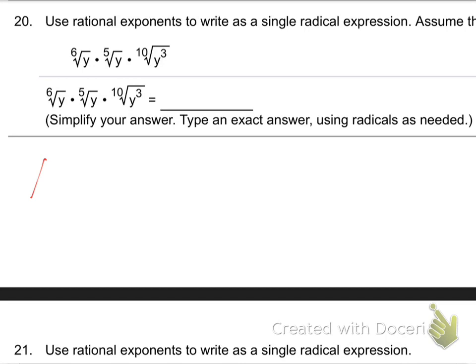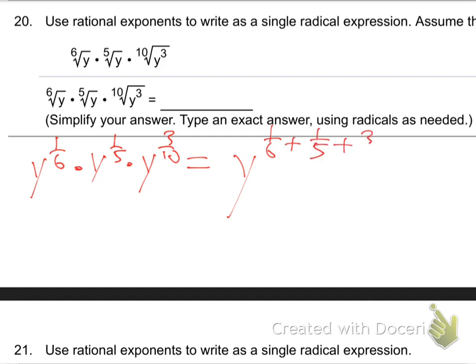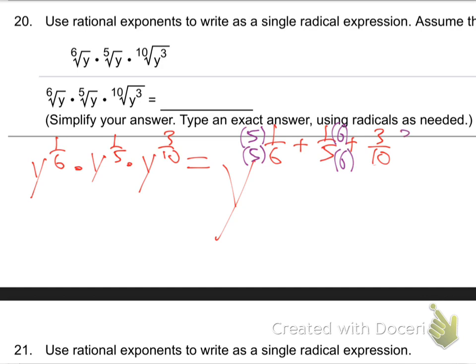This is going to be y to the 1/6, y to the 1/5, y to the 3/10. And side by side, they all add up, don't they? So it's going to be 1/6 plus 1/5 plus 3/10. Right, side by side, powers add. Now, to get them to add, we multiply top and bottom by 5, top and bottom by 6, top and bottom by 3.